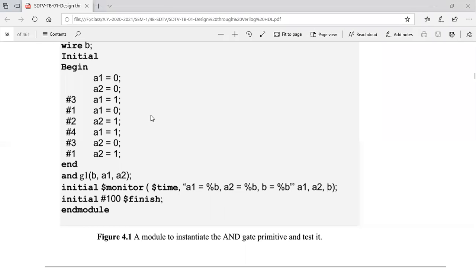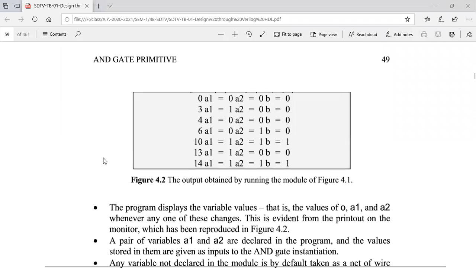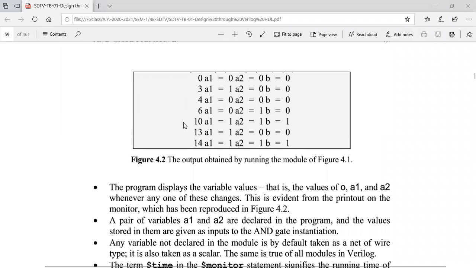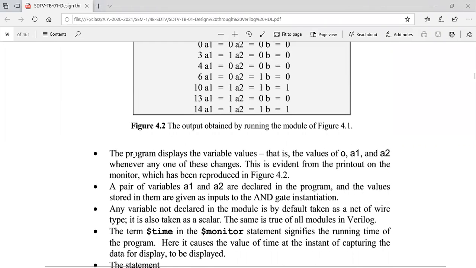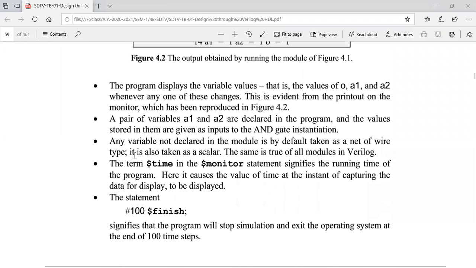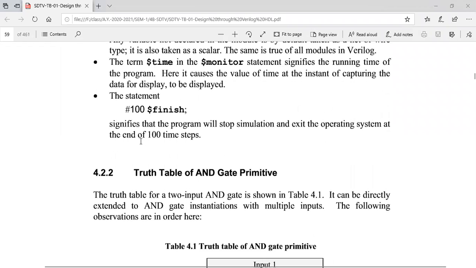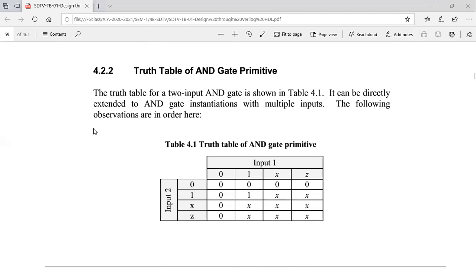So at what point of time, what will be the input and what final output is going to be produced, you have seen there. The same thing is what we have mentioned here, just the step-by-step form of this explanation.